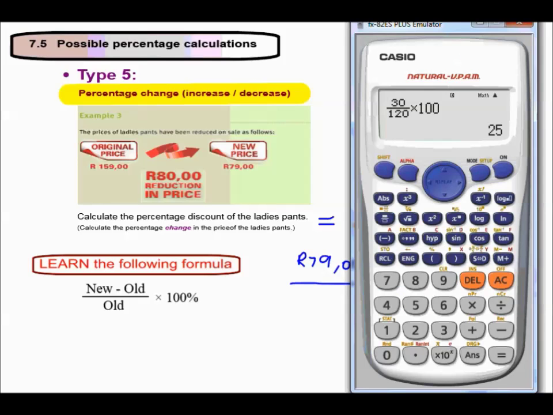You need to be mindful of this as you calculate. So we would go straight to the fraction button. My new price was 79 minus 159 over 159 times 100 equals negative 50,3144.